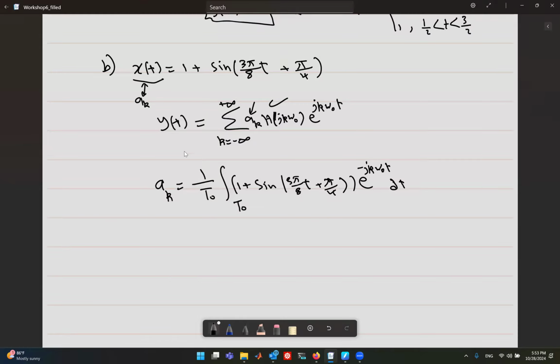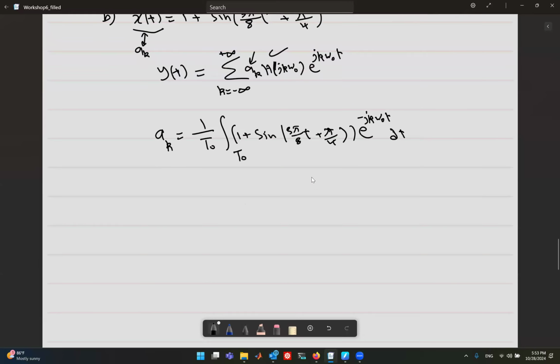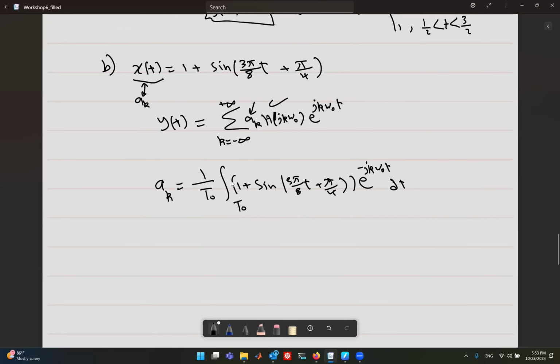But this will be very long, and we need to use integration by parts and some other techniques to be able to find this integral. You shouldn't even try doing this in the exam, because it will take a lot of time. You will lose time, if not making a lot of mistakes and not being able to find the integral. Whenever you see sinusoidal signals in the input, you shouldn't look at this at all.